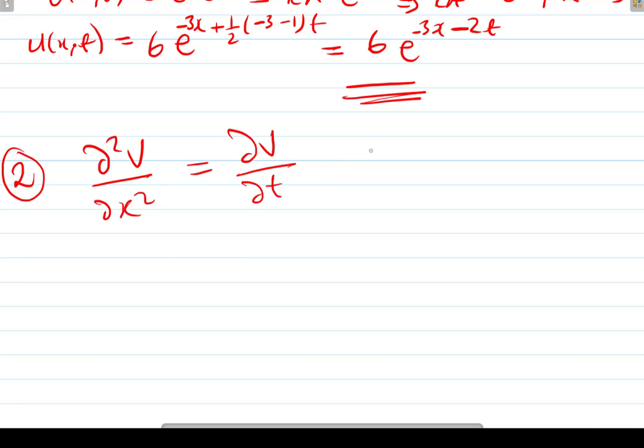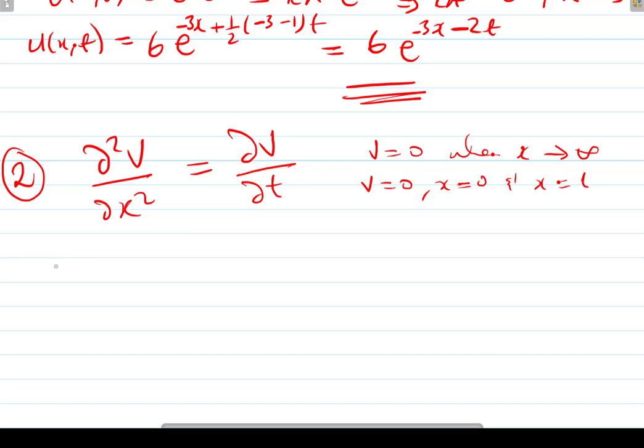Now, we have v equals 0 when x approaches infinity, and we also have v equal to 0 when x is equal to 0 and x equal to L. These are the conditions given.